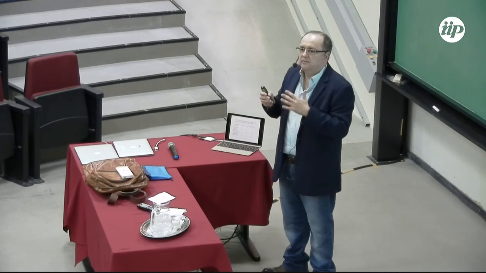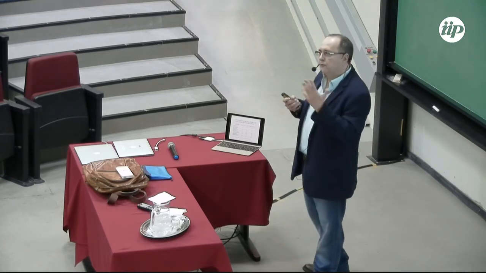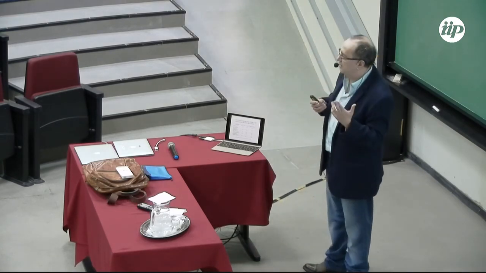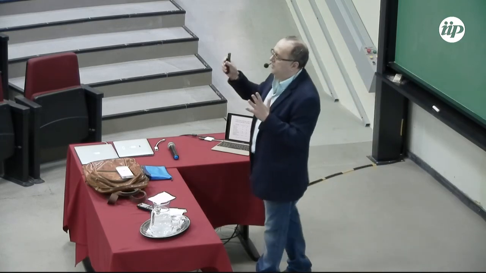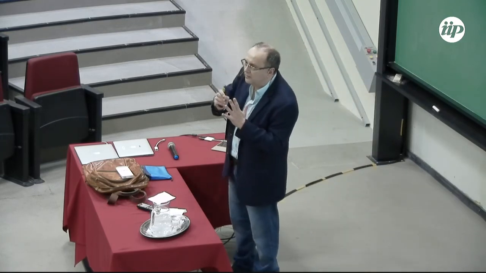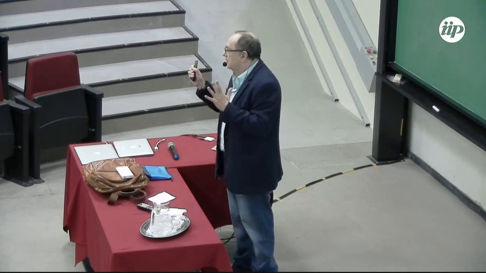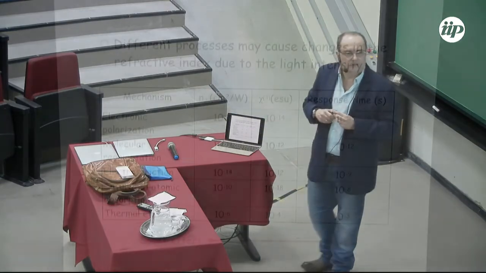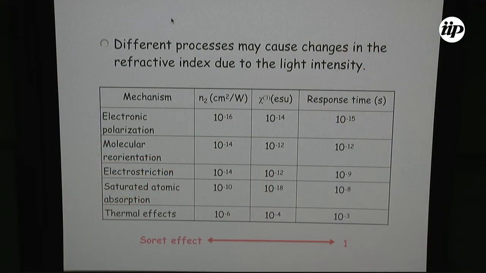This can be thermophobic or thermophilic. If it's thermophobic, the particles go to the cold part of the sample. Or thermophilic, they go to the hot part of the sample. This is mainly used, for example, with petrol, oil. If you are at the surface of the sea, you have a temperature.